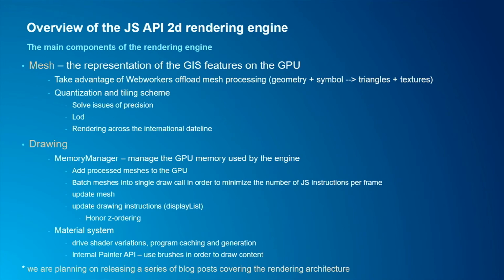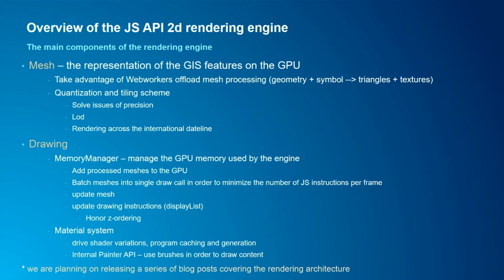This is usually very CPU intensive, so we take advantage of web workers to offload the work from the main CPU. We also take advantage of techniques such as quantization and tiling schemes that provide a solution for precision, which Matt will touch upon later on in his part. They also provide us a means for level of detail and support for rendering across the international date line.